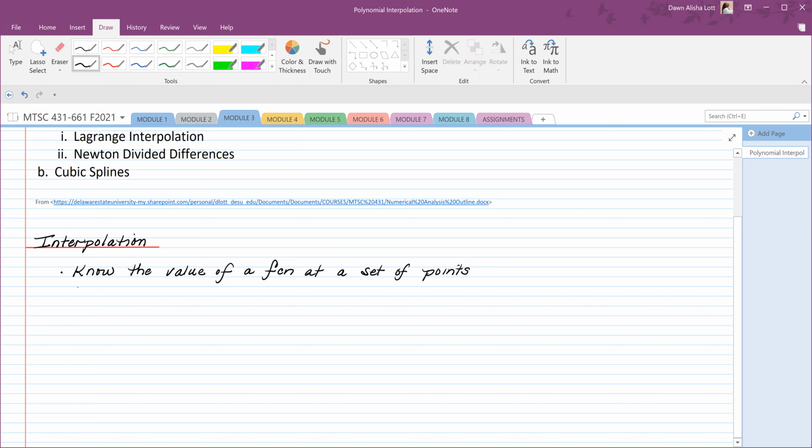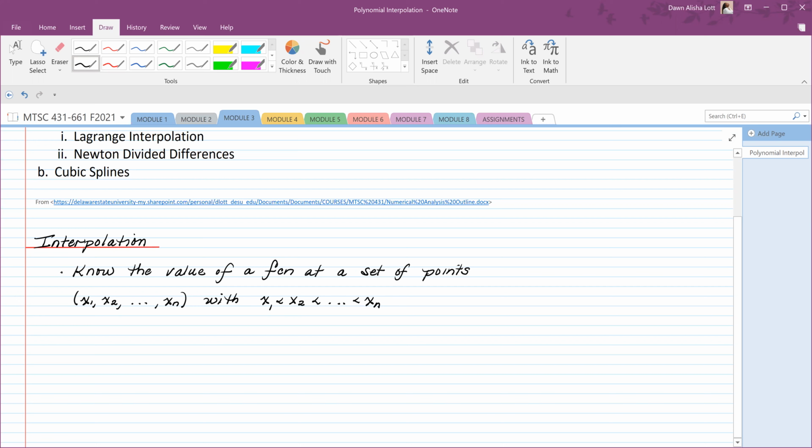So that set of points, x1, x2, all the way up to xn, with them ordered. So x1 is less than x2 is less than. Okay, so I know f at each one of those values, okay?